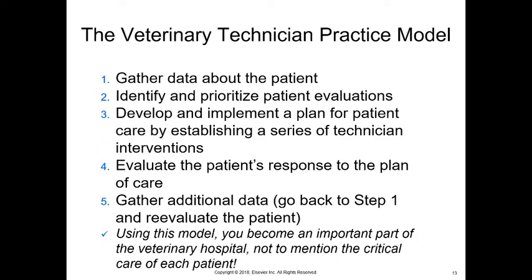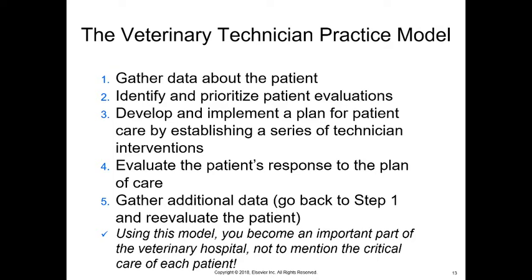Within the veterinary technician practice model, this is the professional way of going about your business every single day. So this is the list of what to do, but during this list, you have to use your brain. First, you gather data about the patient. You need to know what is the right data to gather about the patient. You're going to identify and prioritize patient evaluations. You need to know what the priorities are. You're going to need to develop and implement a plan for patient care by establishing a series of technician interventions, evaluate that patient's response to the plan of care, and then gather additional data.